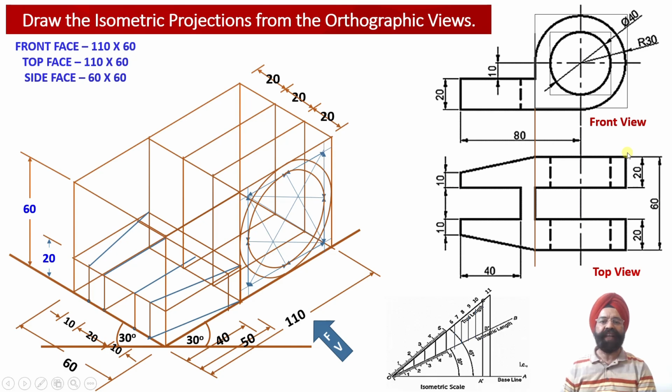But one thing we need to remember: corresponding to this surface and this surface, because it is going to fall after this thickness, the inner circular projection will not be visible on these two walls, that is, on the rear faces of the webs.